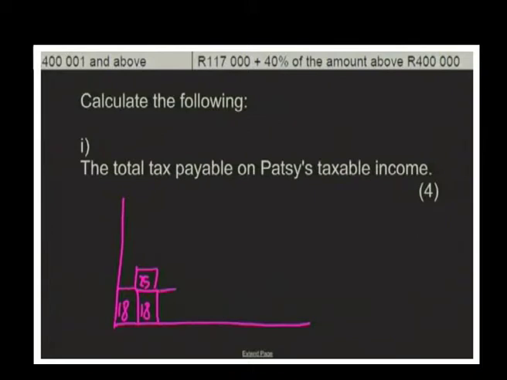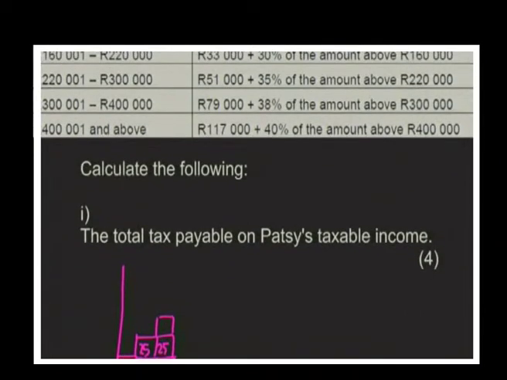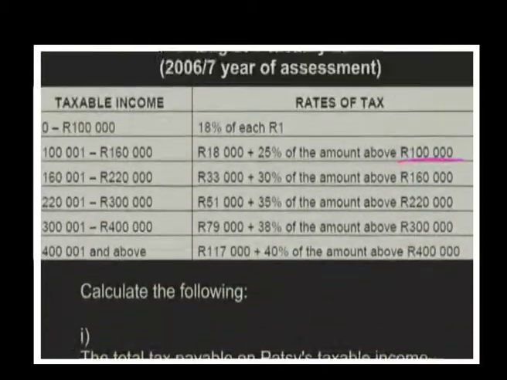And then in the next tax bracket, you still pay 18% of that first 100,000, then 25% of the next little bit, and then you move on to the next, which in this case was 30%. So you pay 30% for the next little bit. So this is what we mean by a progressive table. I hope that makes tax a little bit clearer for you. Let's go back to the question.